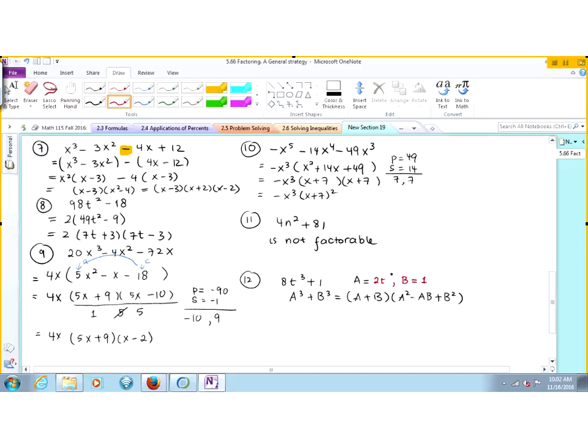Yes. What is my b here? 1. All right. So a plus b is 2p plus 1, and then 4p squared minus 2p plus 1. Easy? Okay.